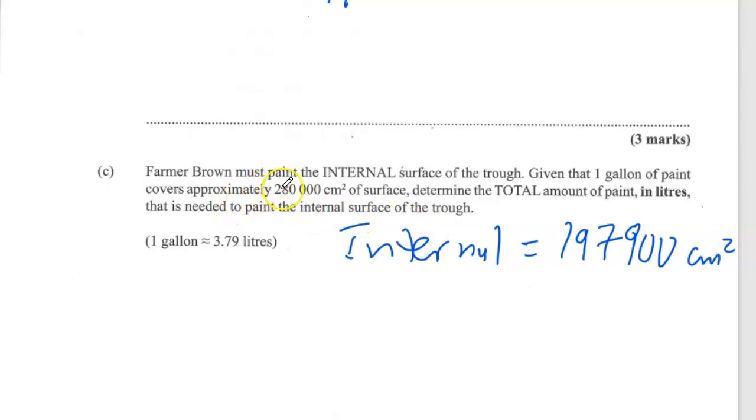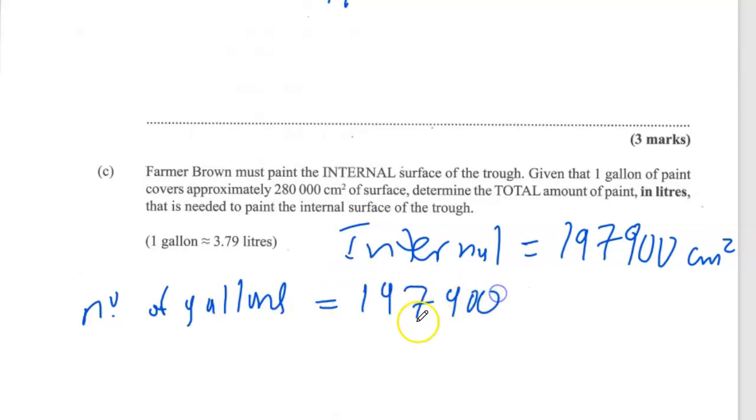So to get the number of gallons, it would be 197,900 divided by 280,000, since a gallon covers 280,000.